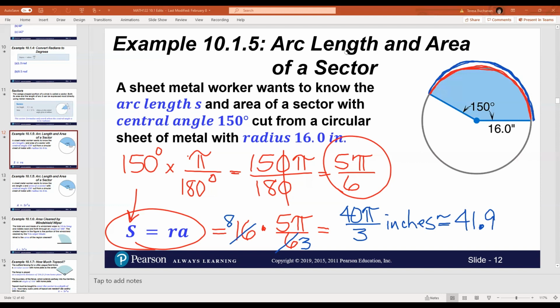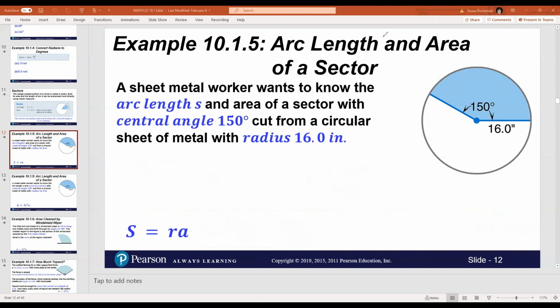Very close to 41.9 inches. Okay, so take a look carefully at your directions when it comes time to actually stating these values, whether you need the exact form, whether you need an approximation, if you need the approximation to how much rounding, all of that. So look carefully for that. But that arc length is about 42 inches, 40 pi over 3 inches.